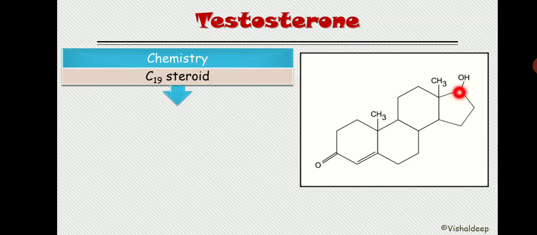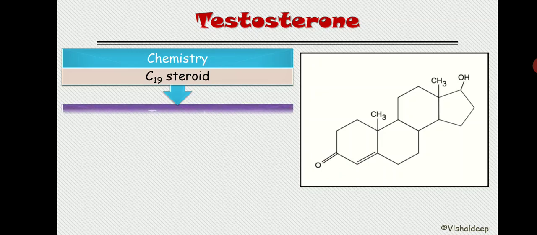Then we cut one more bond, between the 17th and 20th carbon, by 17,20-lyase, and there is hydroxylase at the 17th carbon, and the next one is dehydrogenase at carbon number 3. These are the chemical changes that we make in a cholesterol molecule.